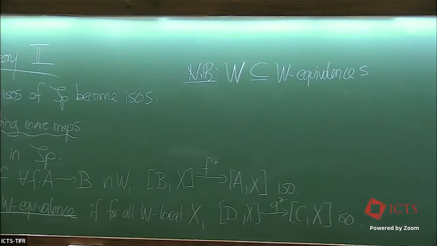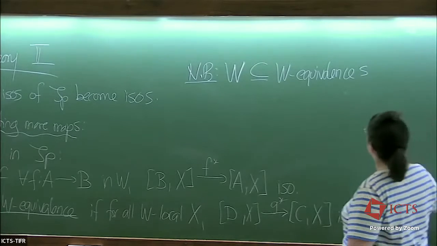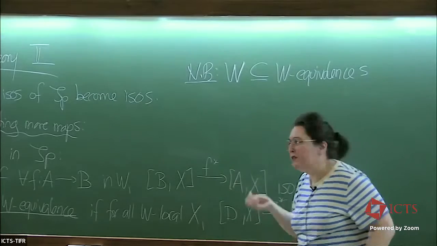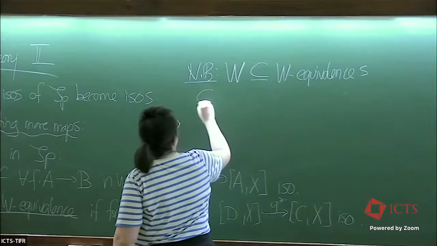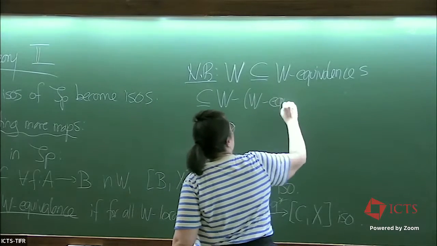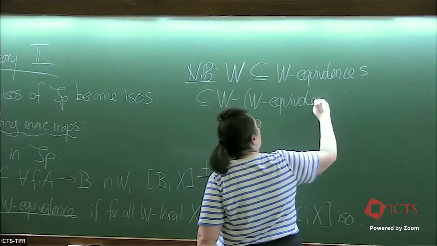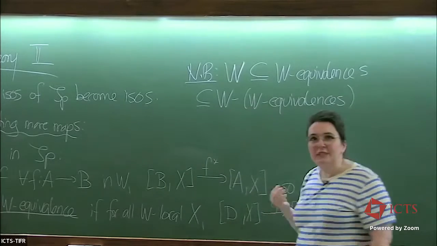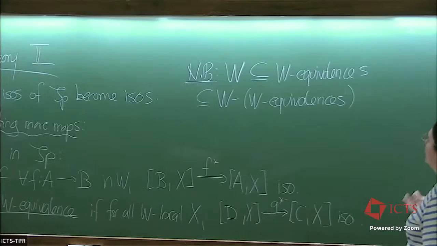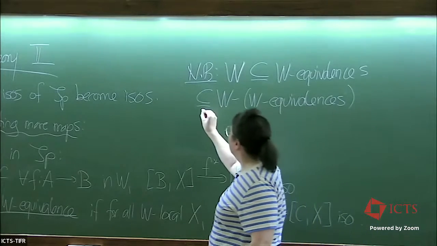And of course, you could say, oh, let's just continue for the fun of this and replace W with that and run that through the definition again and see, maybe you can look at W equivalences and get even more maps. But no, actually, this process stops here.